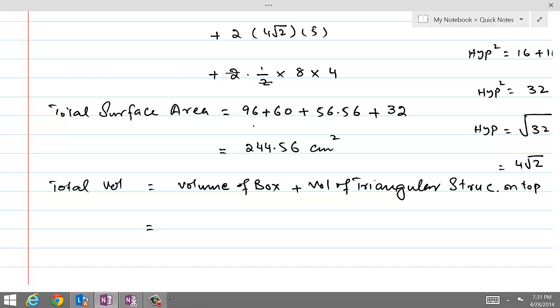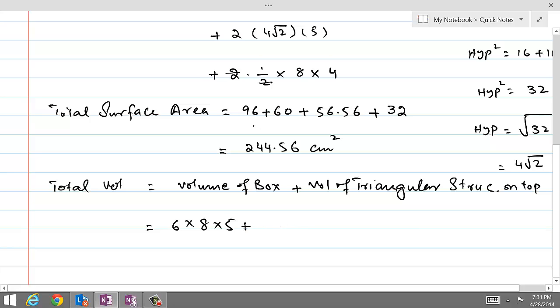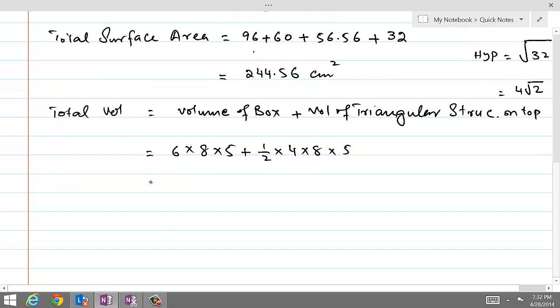So this would be 6 times 8 times 5, that is length times width times height, plus we'll first find the area of the front face, which is 1 by 2 times 4 times 8, and then multiply it with the entire length of that triangular structure, which is 5 centimeters.